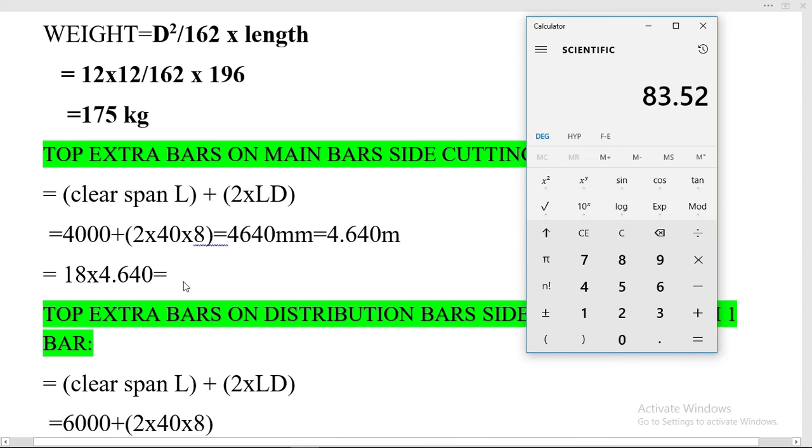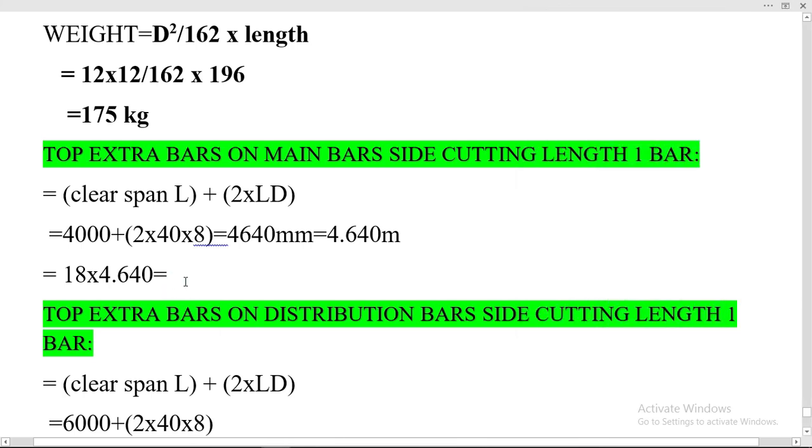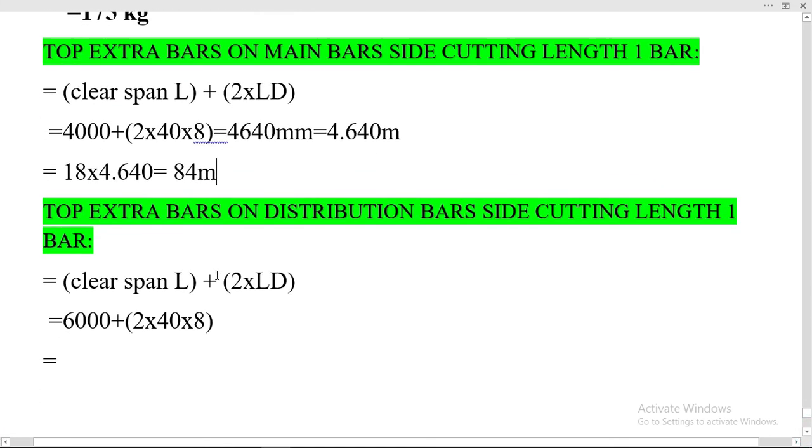Let me take it as 84 meter. 84 meter is the total length required for the top extra bar on the main bar side, on the shorter span side.